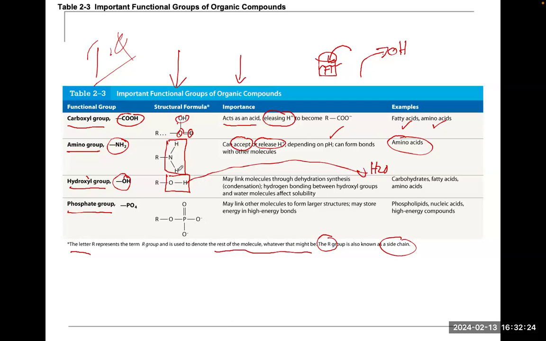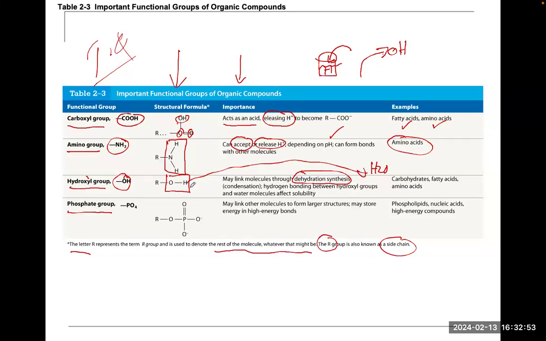Dehydration synthesis. When you're going from something smaller and you're trying to get something bigger, you can take a hydroxyl group and a hydrogen from another molecule and get H2O. So it may link molecules through dehydration synthesis or condensation. Hydrogen bonding between hydroxyl groups and water molecules will affect solubility.